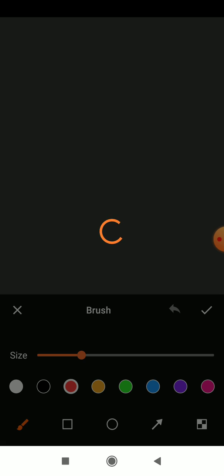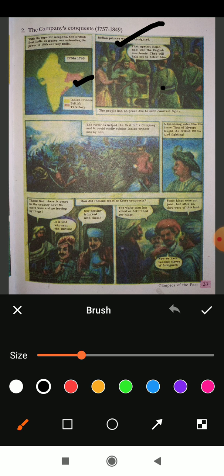All right, okay, fine. Now we will do this. What is there in this picture? Indian princes were short sighted, and here the prince is thinking: that upstart Raja Rajbahar, I will call the English merchants, they will help me to defeat him.